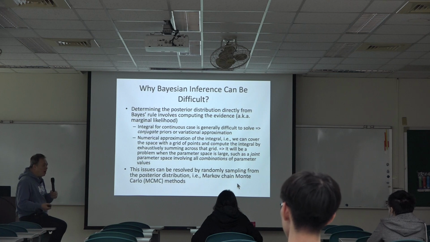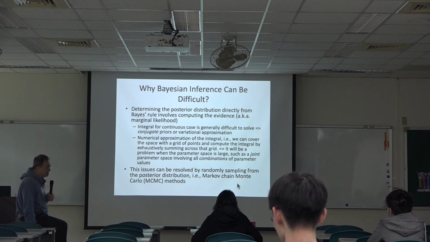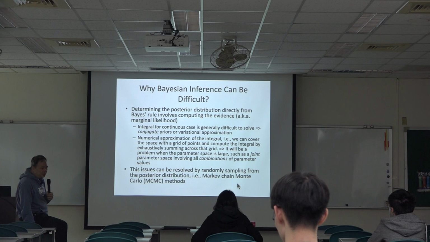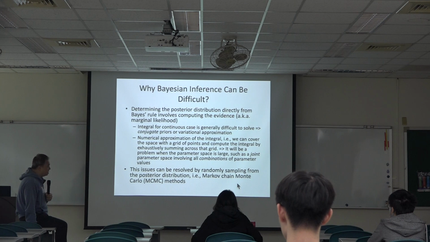So you may ask, if you know it is important, why didn't we have Bayesian data analysis in the old days? Remember I told you the statistics field is dominated by frequentists, right? Until the recent 20, 30 years, statistics was dominated by frequentists. Why not Bayesian data analysis?